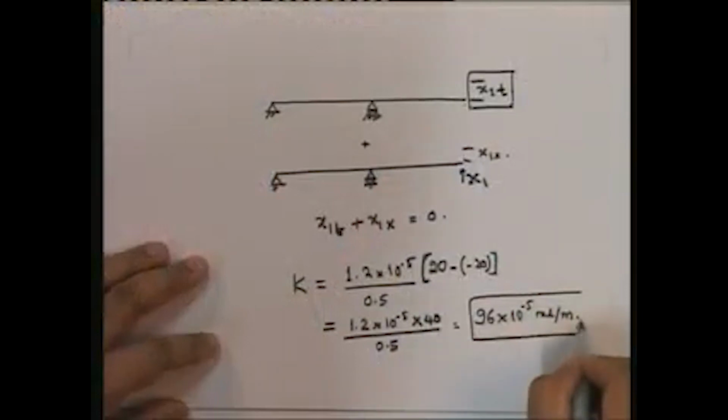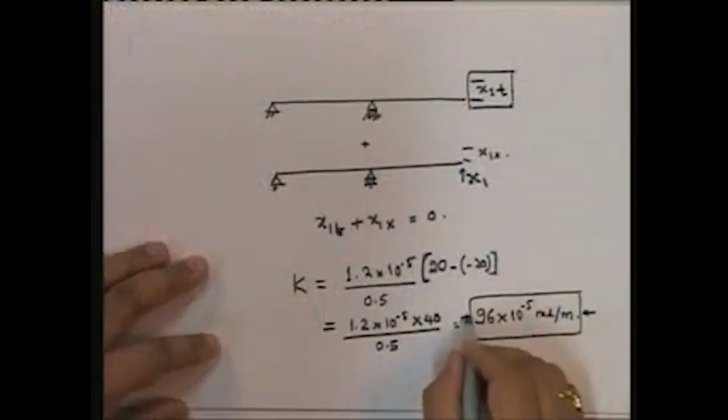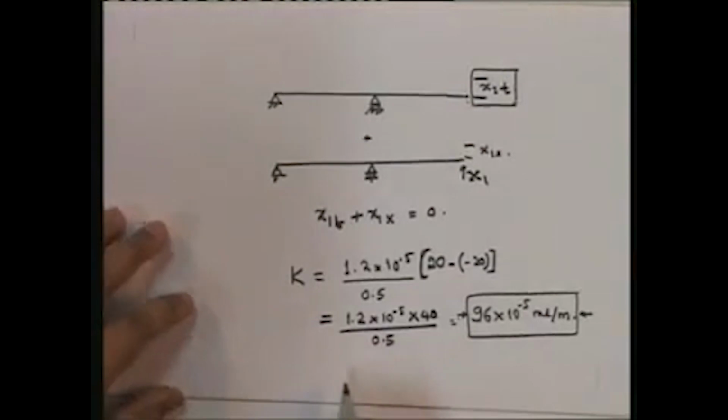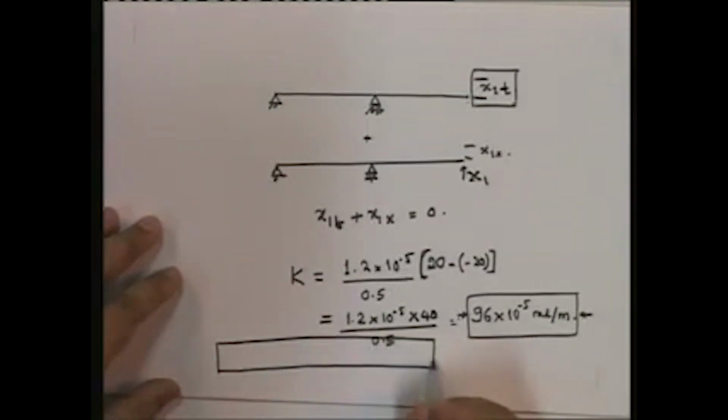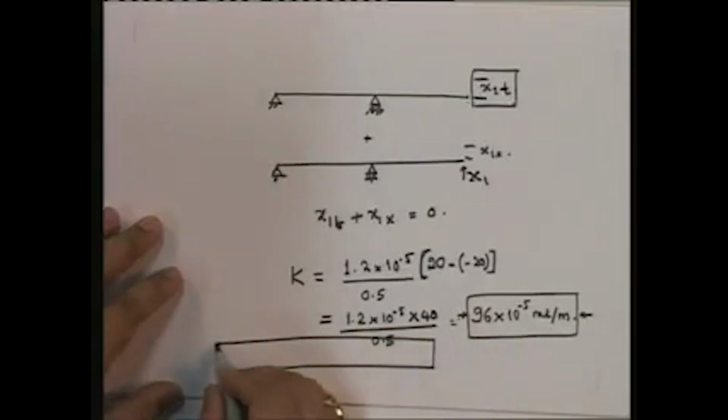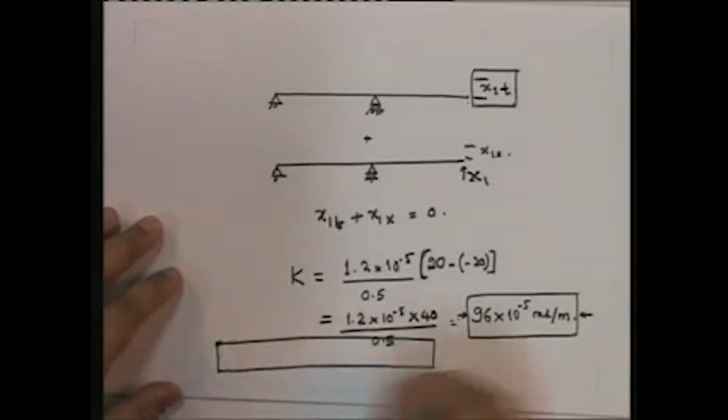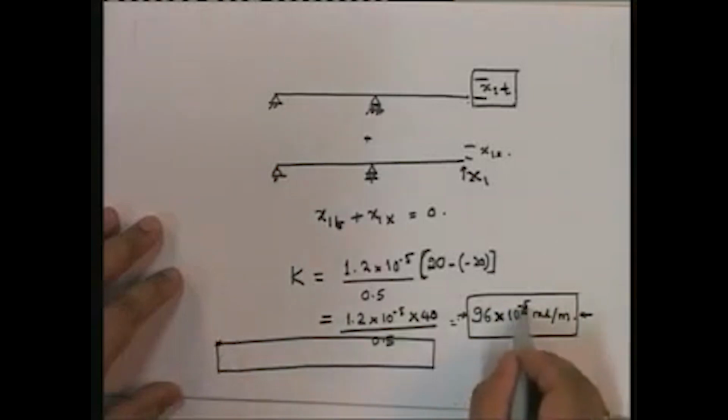96 into 10 to the power of minus 5. This is uniform. In other words, if I were to draw the actual kappa, it would be uniform across the board and would be equal to 96 into 10 to the power of minus 5 radians per meter.